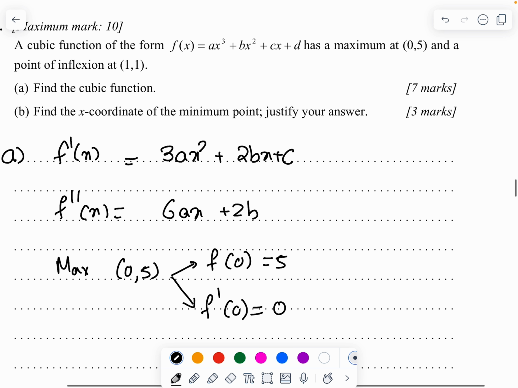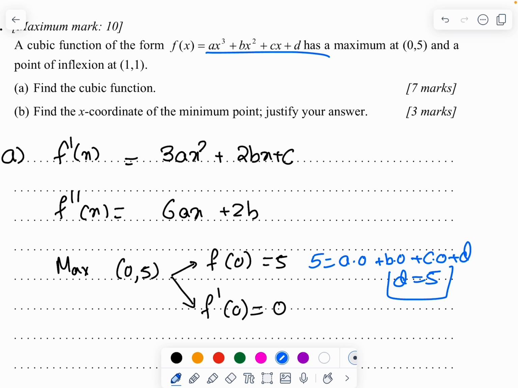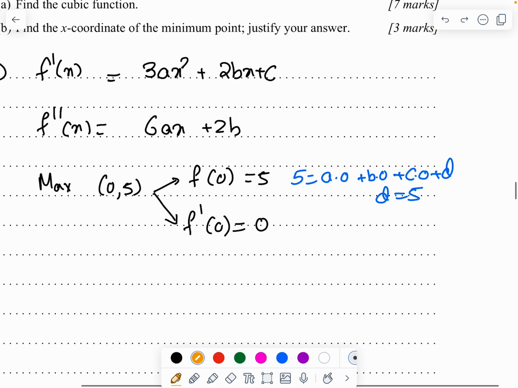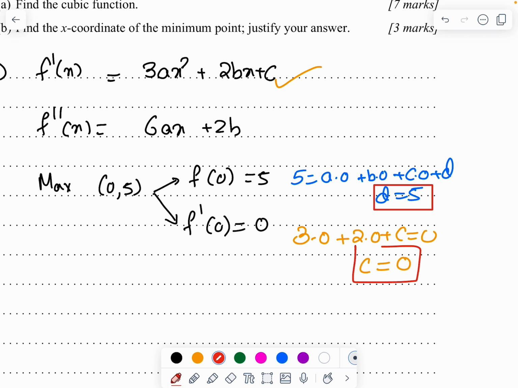So substituting 0 in the function: 5 = a times 0 + b times 0 + c times 0 + d, so d equals 5. In the first derivative, substituting 0: 3 times 0 + 2 times 0 + c equals 0, so c equals 0. So I got d equals 5 and c equals 0. Two answers.